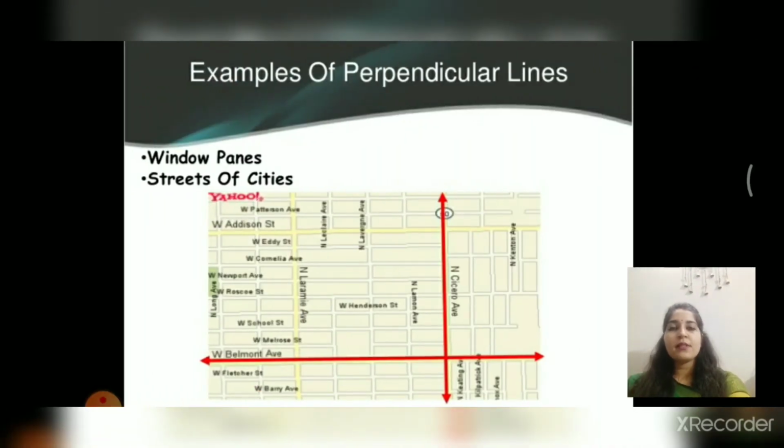Some examples of perpendicular lines are adjacent sides of a square, adjacent sides of a rectangle, window pane, streets of cities that are crossing each other, as you see in the picture. This is a graph where red lines show two streets crossing each other at an angle of 90 degrees. So these are called perpendicular lines.